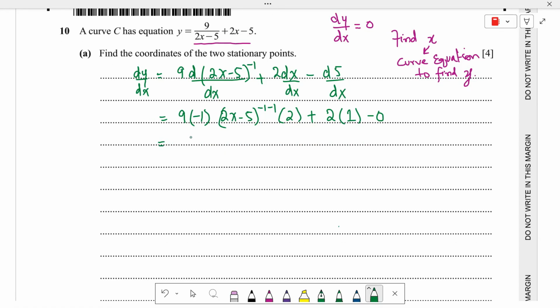This equals negative 18 over 2x minus 5 to the power of 2, plus 2, and this is the dy over dx.